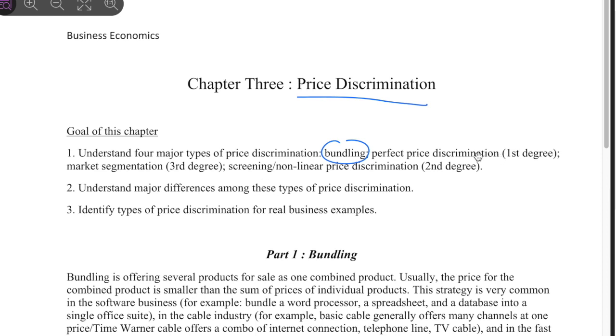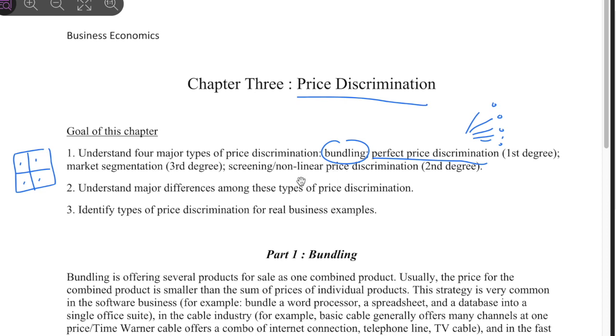From the word, we can tell that perfect price discrimination discriminates perfectly against every single individual, and market segmentation is when we take a whole market, make it into pieces, and discriminate against these groups.